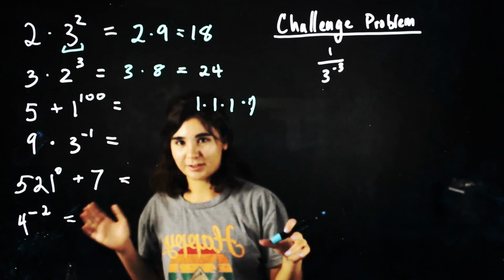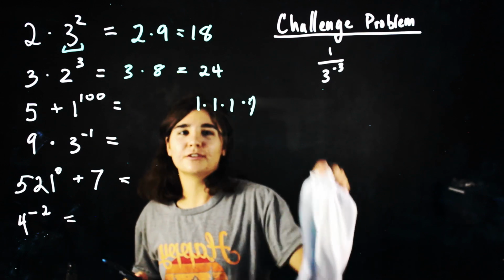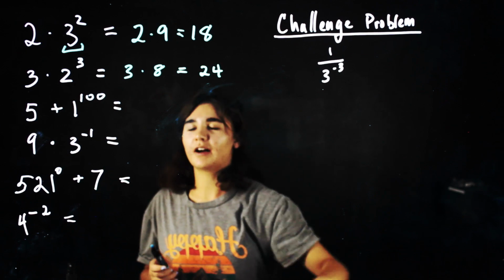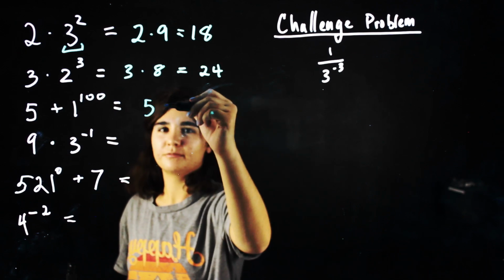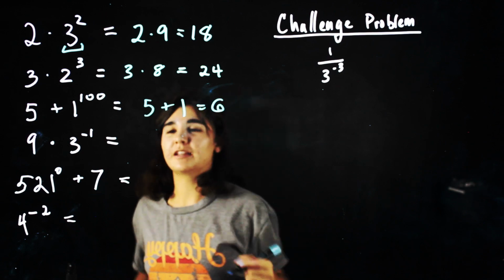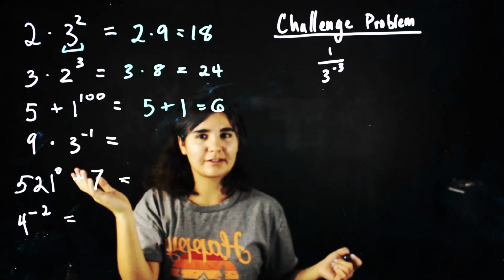And it doesn't matter how many times you multiply 1 times 1, you know it's going to be 1. So this is 5 plus 1, and that's going to get us to 6. And this could be 1 to the 1,000,000th, and it's still going to be 5 plus 1 is 6.